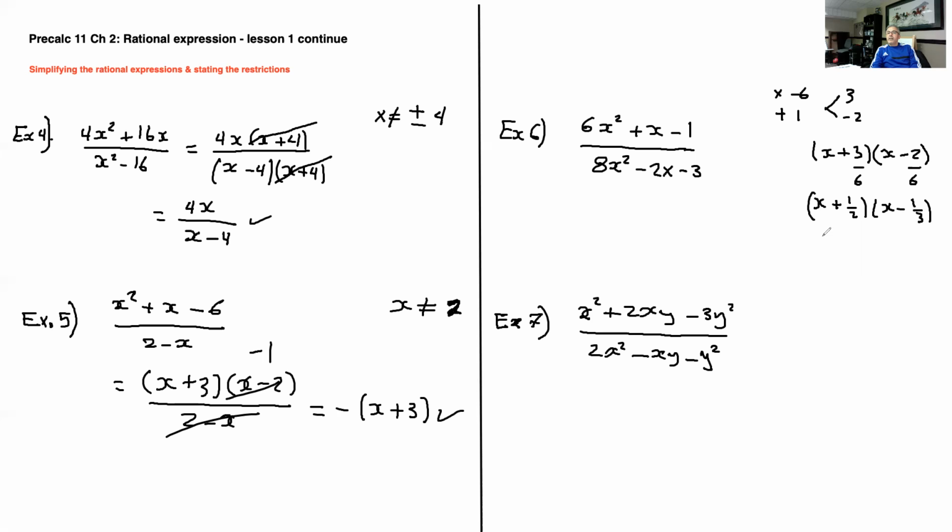Once you get here, it's better to push the 2 in front of the x, so it becomes 2x plus 1, and push the 3 in front of the x, and it becomes 3x minus 1. So that's what the top reduces to: 2x plus 1 and 3x minus 1. You can FOIL it again to see if it gives you that, if you want to double check.